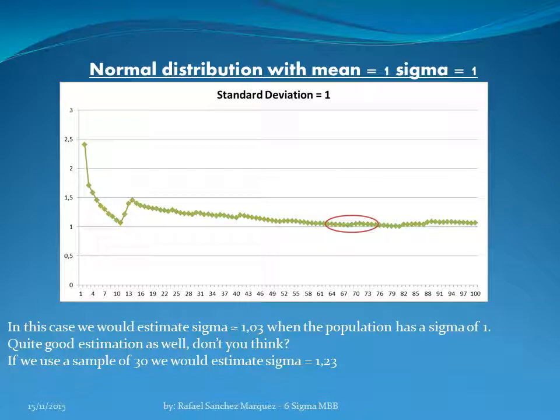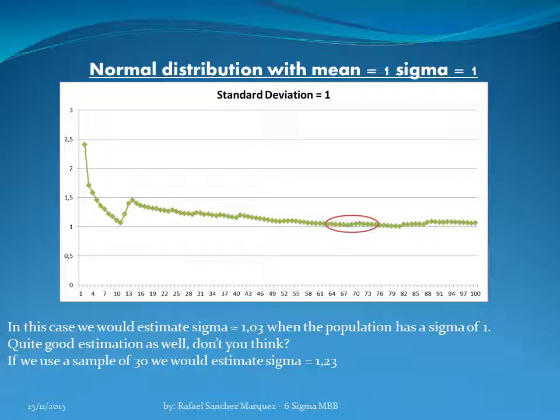Then, as we have already mentioned, this is the illustration of what I have mentioned before, that it works for any statistical parameter. Here we have the convergence of the standard deviation from the same population as we have shown before.